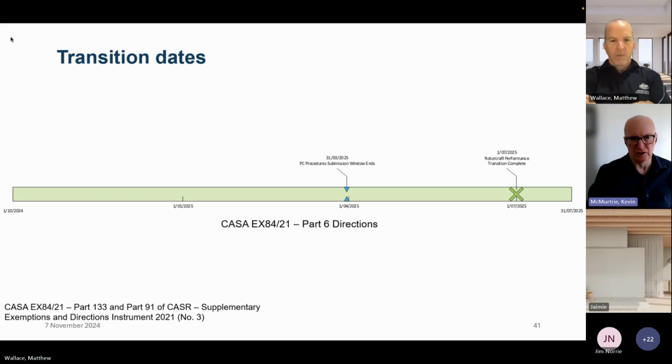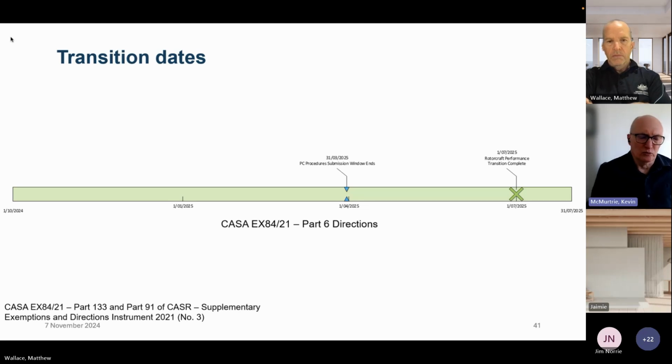The transition ends on the 1st of July 2025. That's a timeline where we're expecting all of these processes and manuals submitted to CASA, so we can commence processing those for each industry operator.